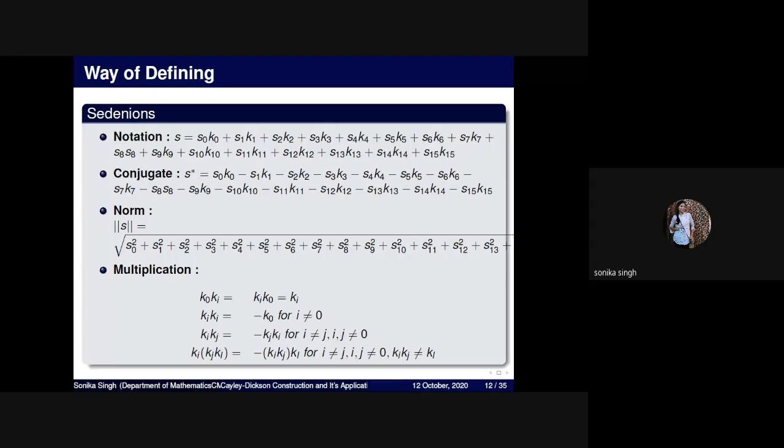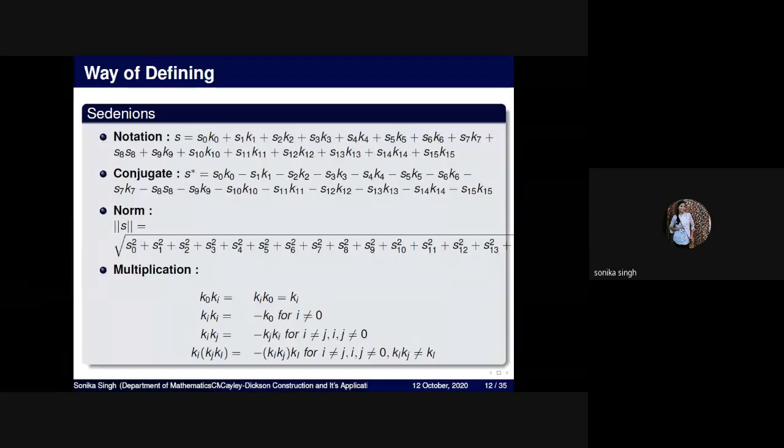The addition of two sedenions can be done component-wise. The conjugate is again by negating all the imaginary terms. The norm is again the product of a sedenion with its conjugate. And multiplication follows some rules: k0 ki is equal to ki k0, ki ki is minus k0, ki kj is minus kj ki, and ki kj ki is equal to minus ki kj ki.